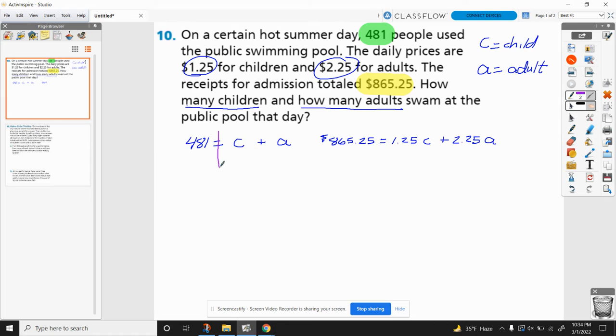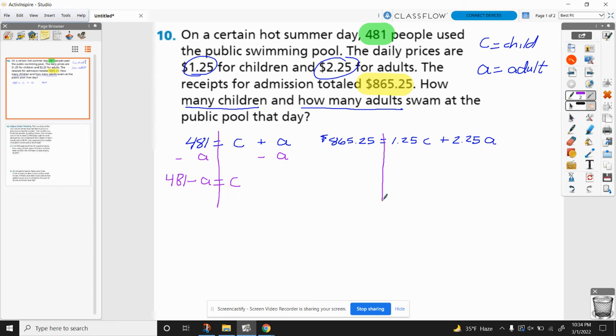Right here, I'm going to just subtract A from both sides, and I end up with 481 minus A equals C.